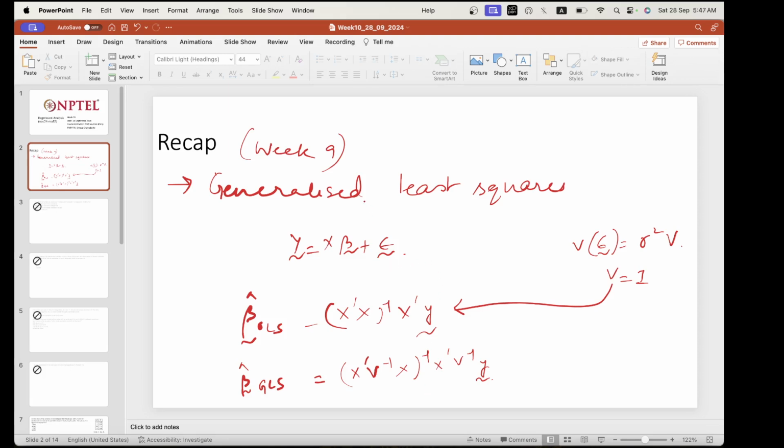So in generalized least squares, what did we do? We transformed this to y star equal to x star beta plus epsilon, and then we applied OLS on the transformed model.